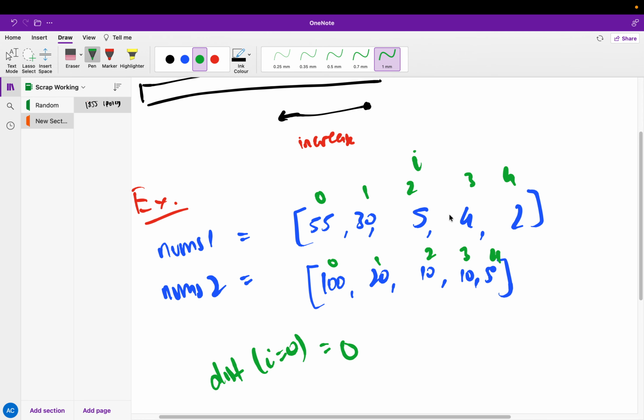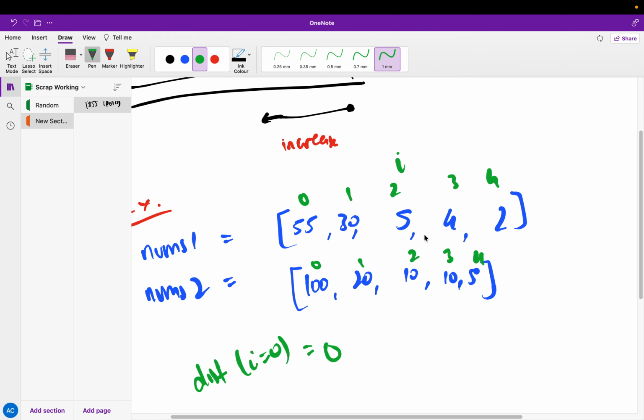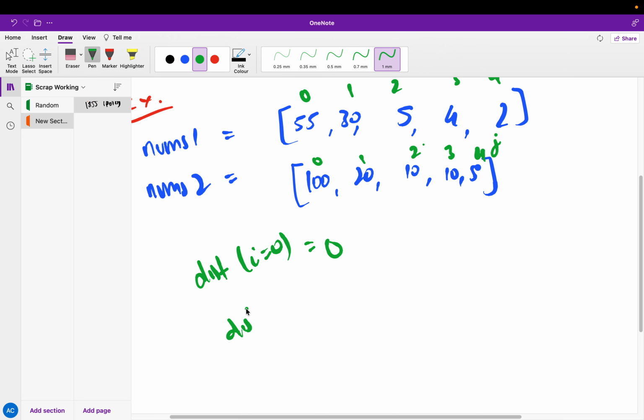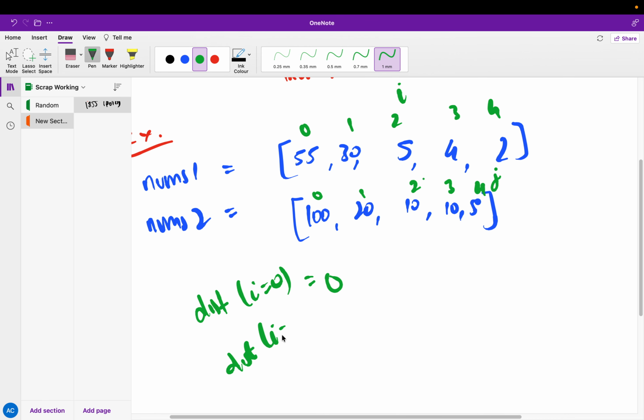If i is 2, then j can be 2, 3, or 4, in which case I want it to be 4. I want to go as far right as I can, so long as the number is big enough, and that is big enough. So distance of i equals 2 is equal to 2, because j can be 4.